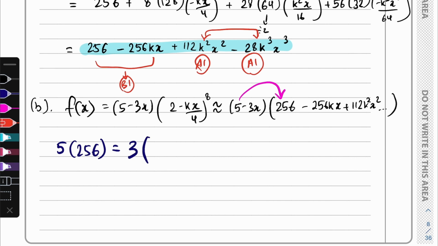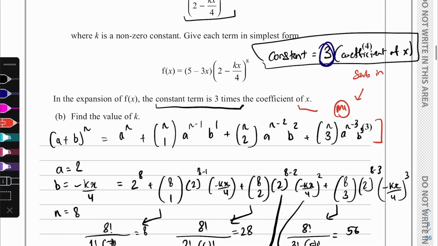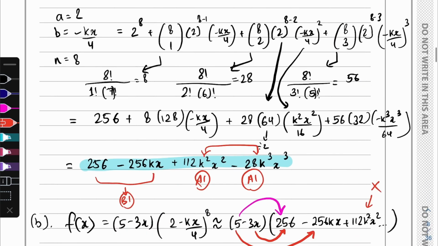So now let's look at the coefficient of x. That's when you have a non-x constant multiplying an x term, right? So that's when 5 is multiplied by minus 256 and minus 3x is multiplied by 256. You can see that 112, we don't care about it because we're only talking about the coefficient of x. And we don't care about k cubed x cubed either.